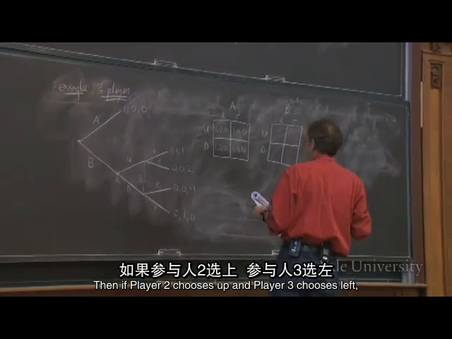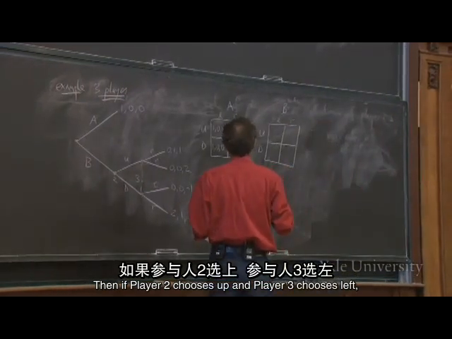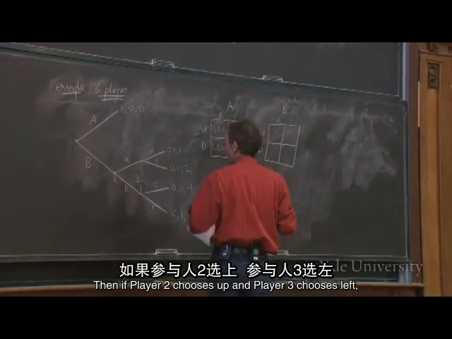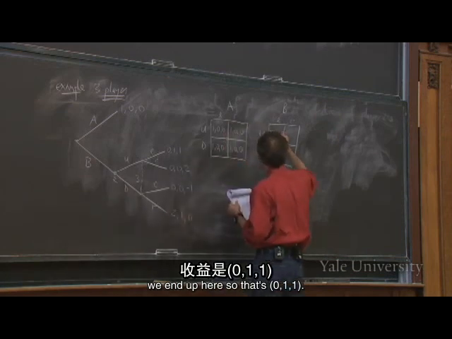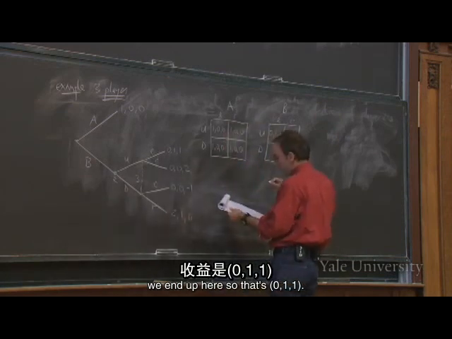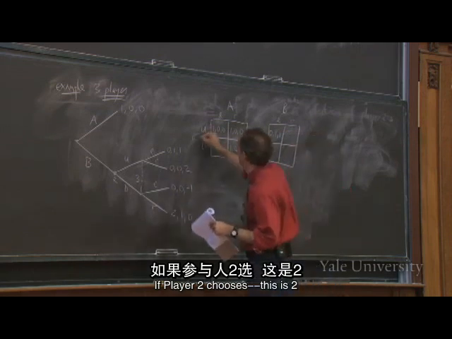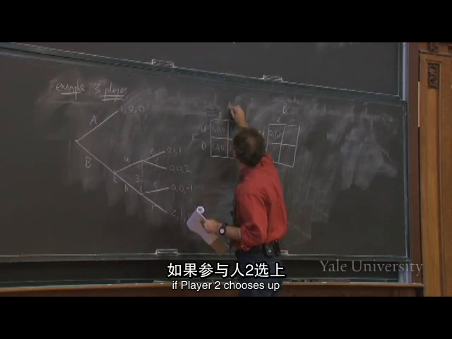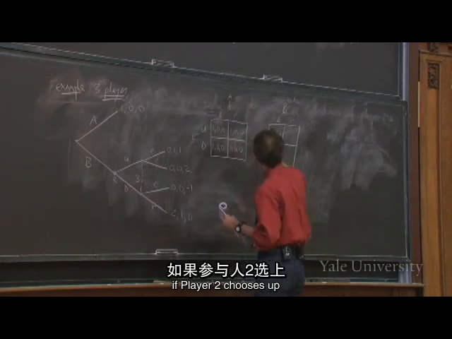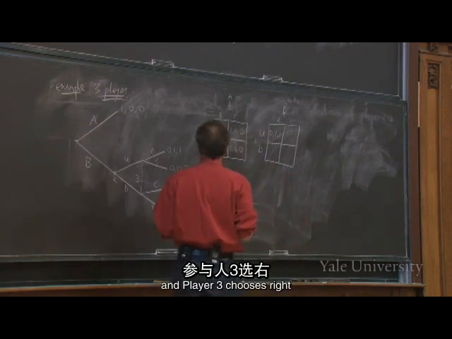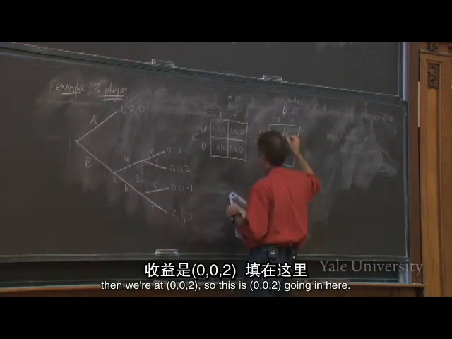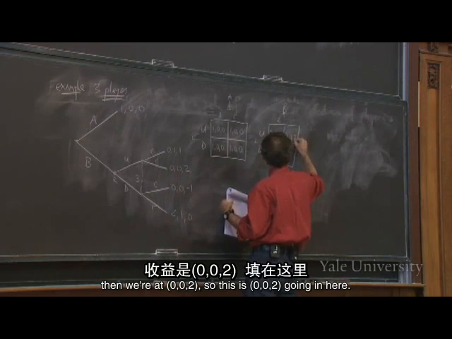Then if player 2 chooses up and player 3 chooses left, we end up here. So that's 0, 1, 1. This is 2 and this is 3. If player 2 chooses up and player 3 chooses right, then we're at 0, 0, 2.